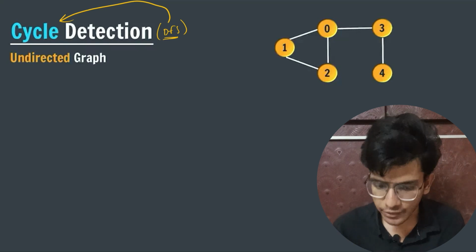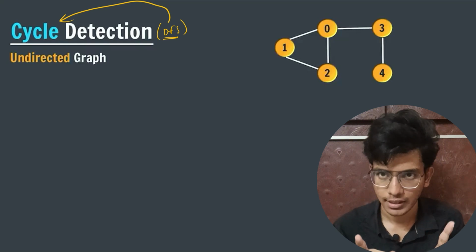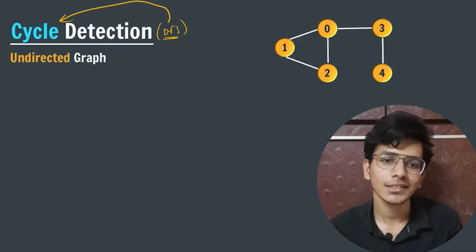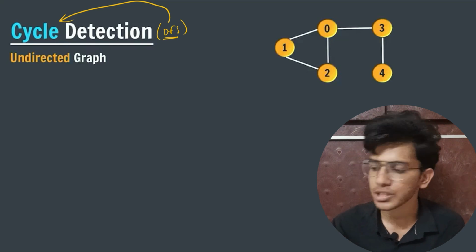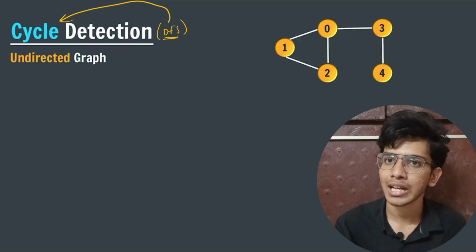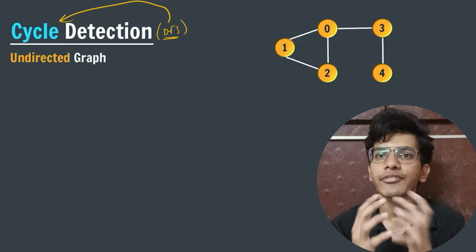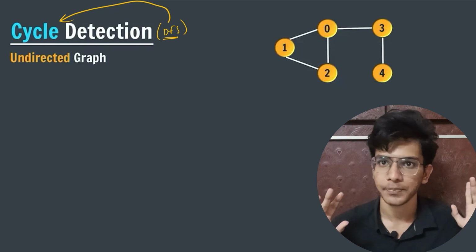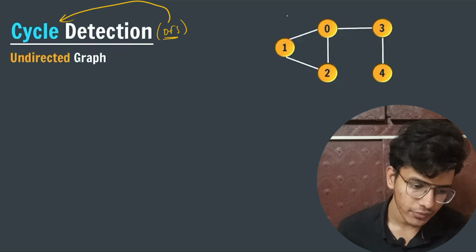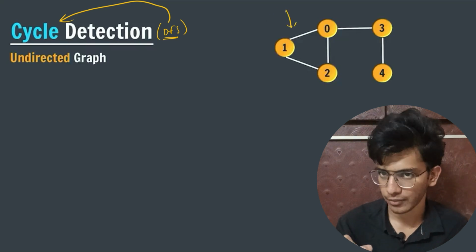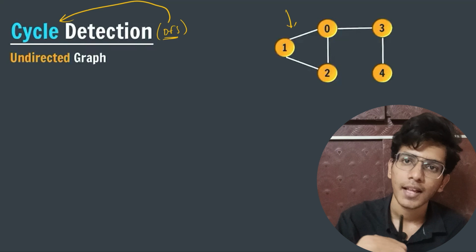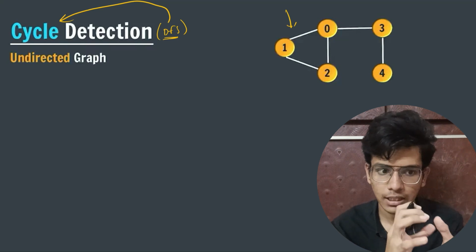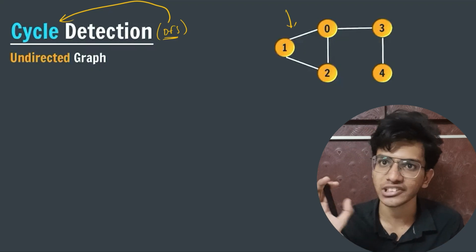First of all, I will observe the diagram, and after observing it, I will extract some logical conclusions from it, and based on these conclusions, I will modify my DFS code. I hope you are very clear with me.